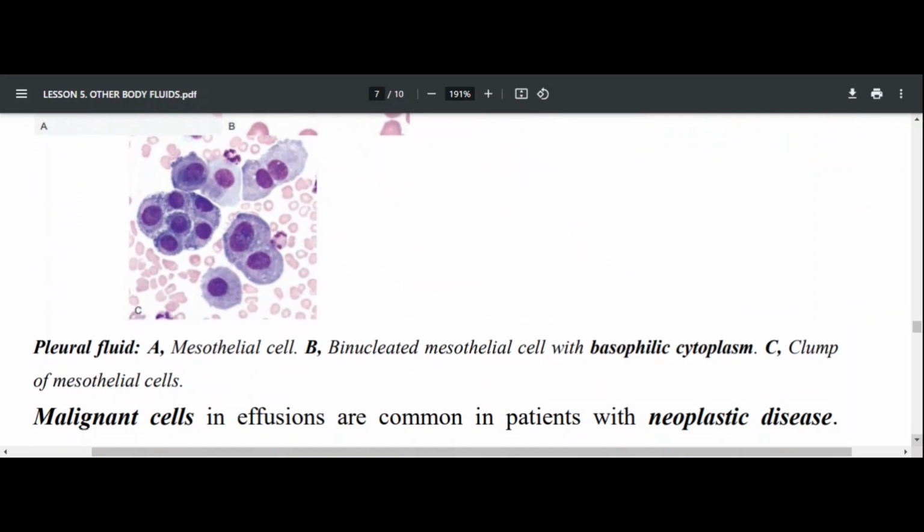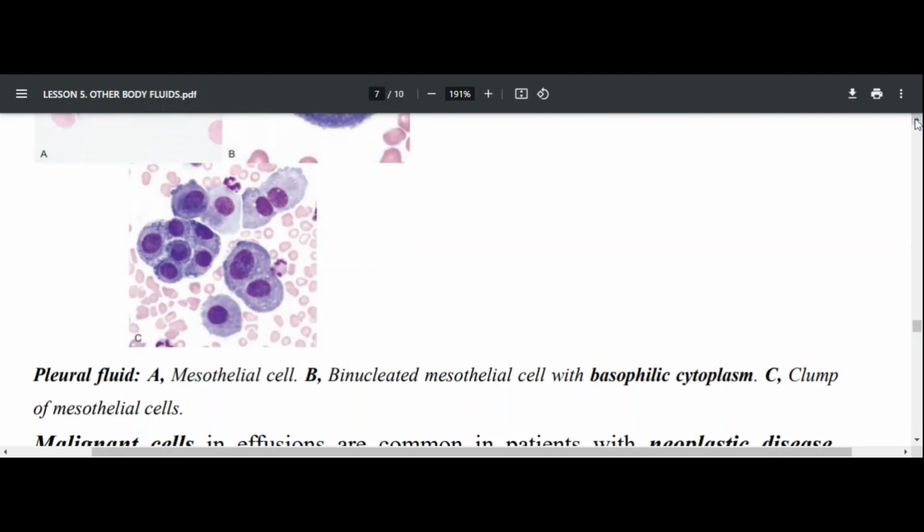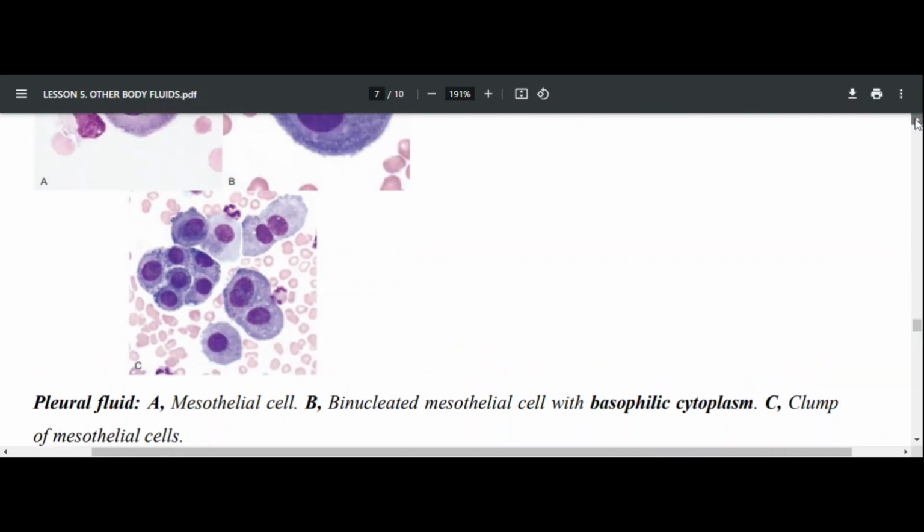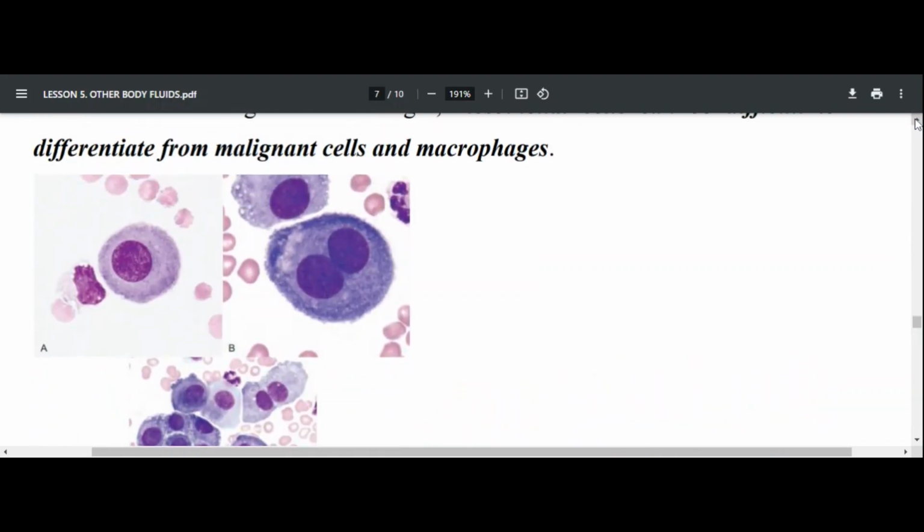The mesothelial cells may look like plasma cells with abundant cytoplasm, as you can see, but sometimes they can be multinucleated, which can help you differentiate them from normal plasma cells, because normal plasma cells are not multinucleated in this way.